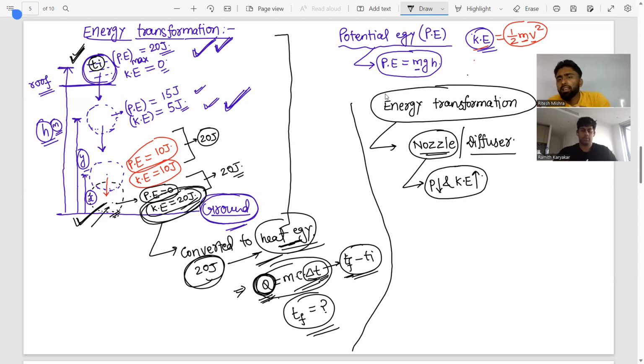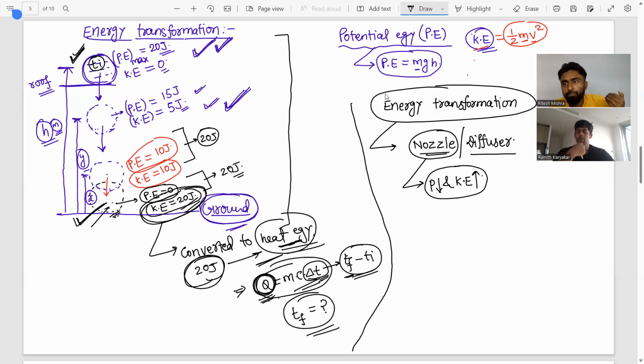As you have seen in the garage or somewhere else, at the end of a pipe a nozzle is fitted. I hope where a bike is washed, at that place you have seen that at the end of the pipe a nozzle is fitted, and from that water is coming out at high velocity.